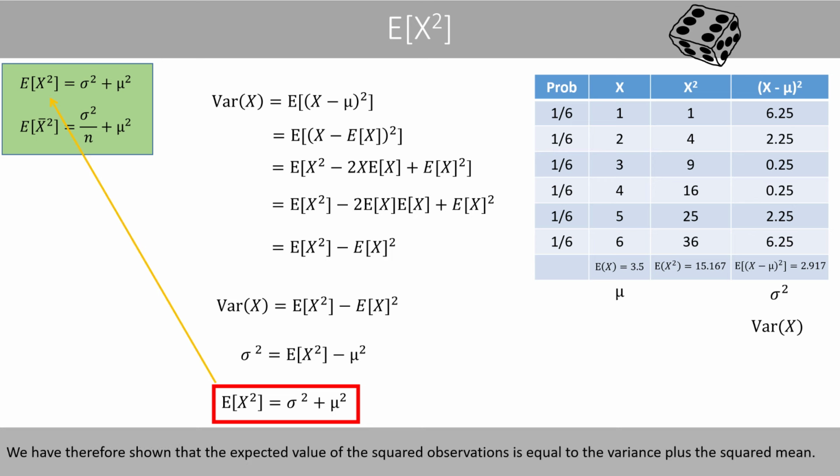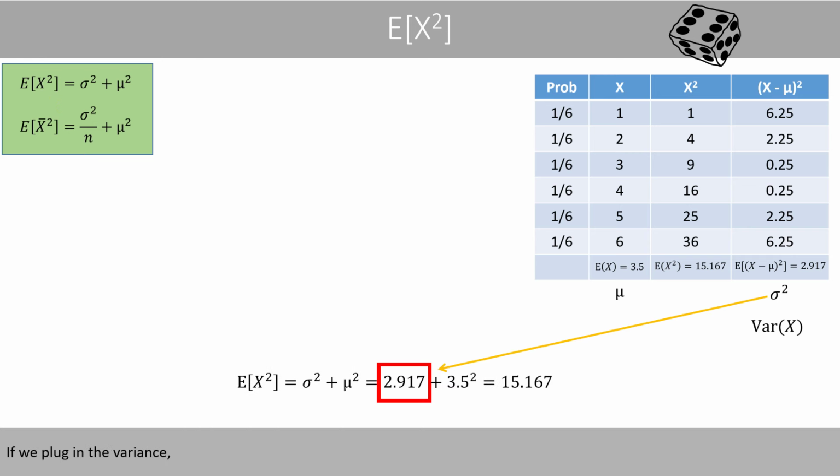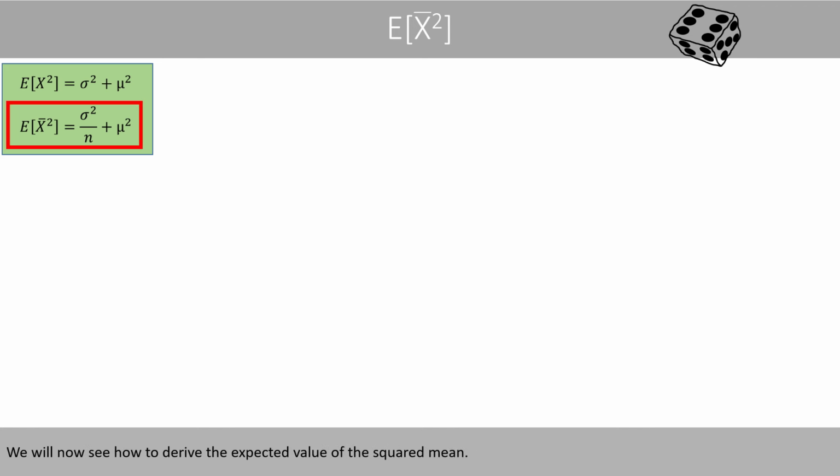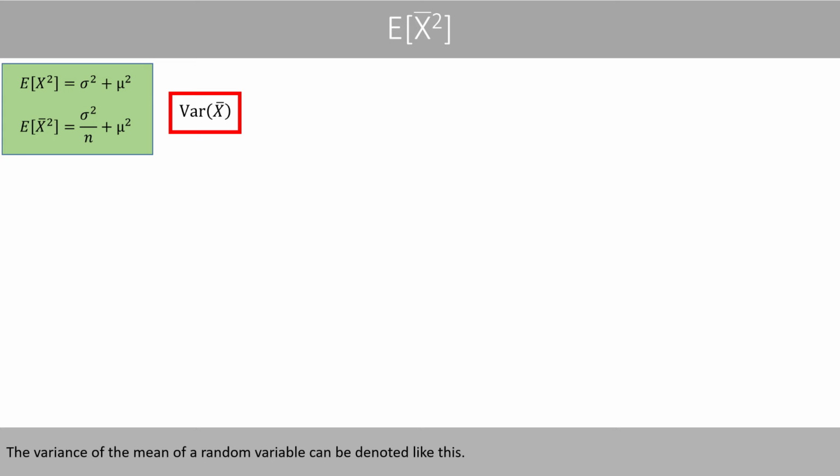We have therefore shown that the expected value of the squared observations is equal to the variance plus the squared mean. If we plug in the variance and the mean and do the math, we see that we get the mean of the squared observations. We will now see how to derive the expected value of the squared mean.